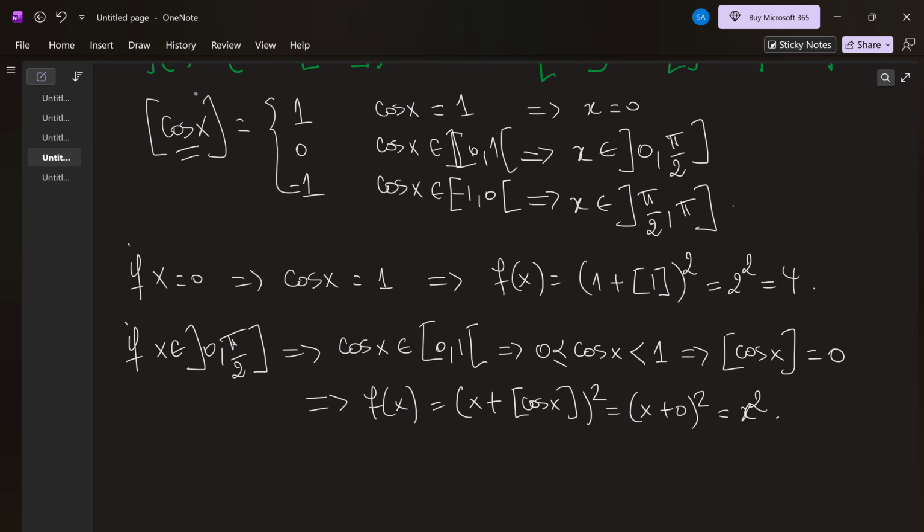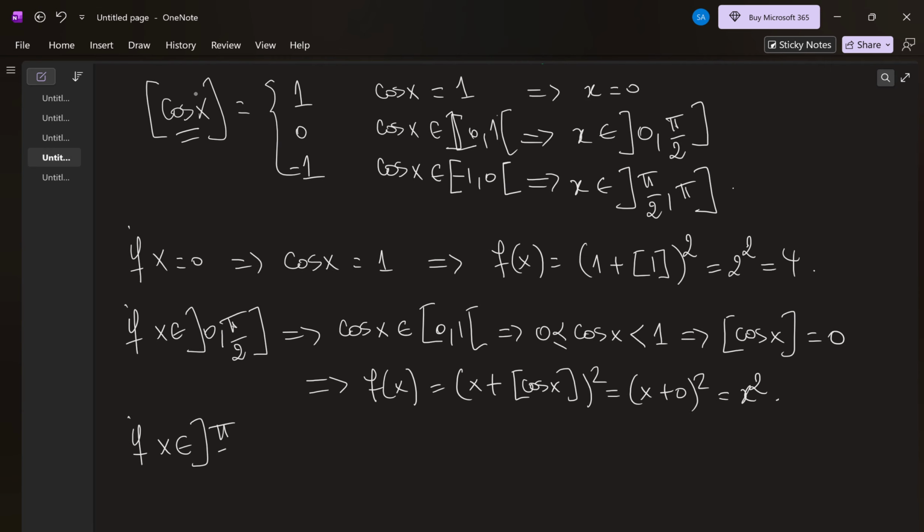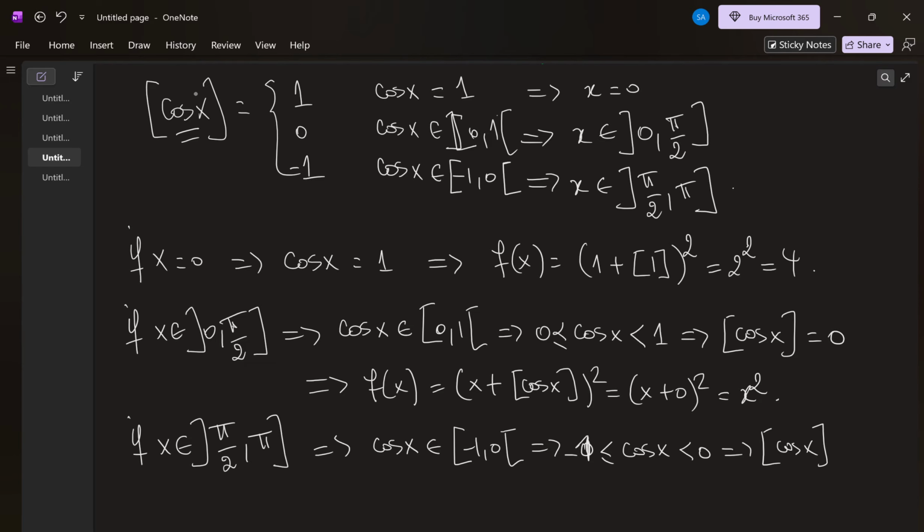Before doing so we will write our function. So if x now is in the third case, which is in the interval pi over 2 to pi, cos x will be in the interval from minus 1 to 0, that is, minus 1 is less than or equal to cosine x, which is strictly less than 0, which means that the floor of cos x is equal to minus 1.